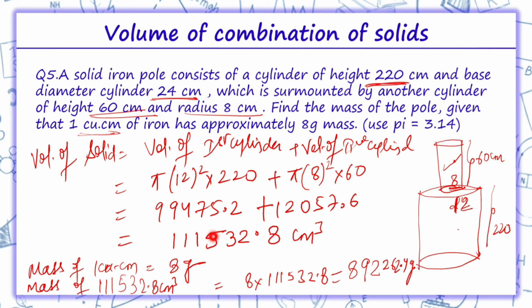We'll divide it by 1000 to convert it into kilogram. We'll get 892.262 kg. So in today's video, we studied the volume of the combination of solids.